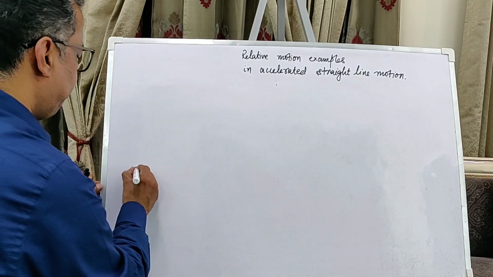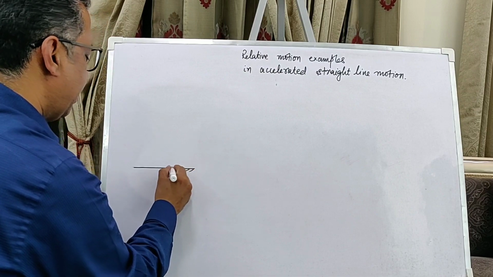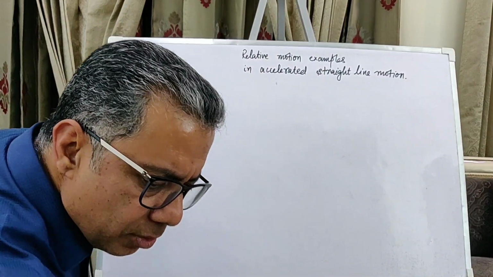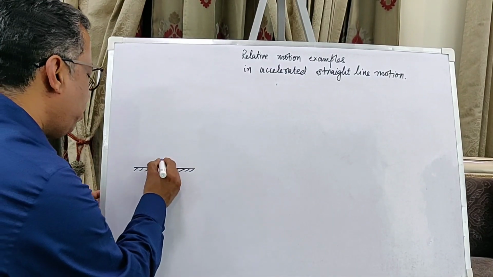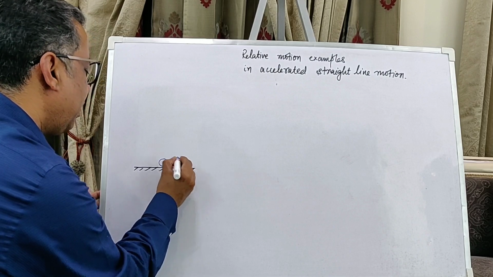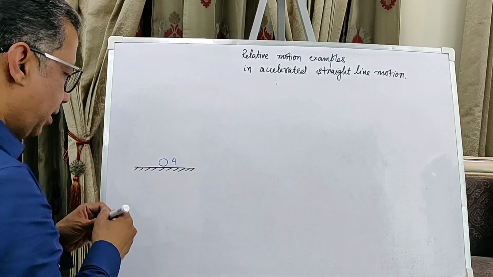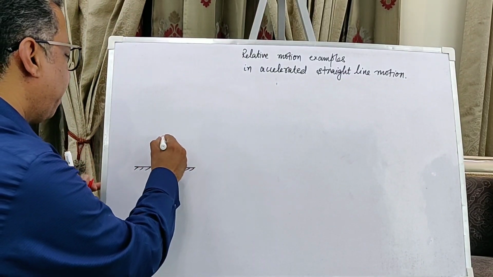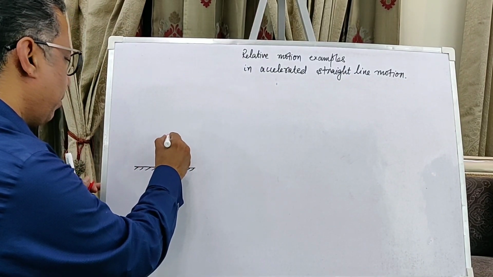Let's say this here is the ground, and from the ground we are throwing an object A in the vertically upward direction, and let's say it has a velocity u.